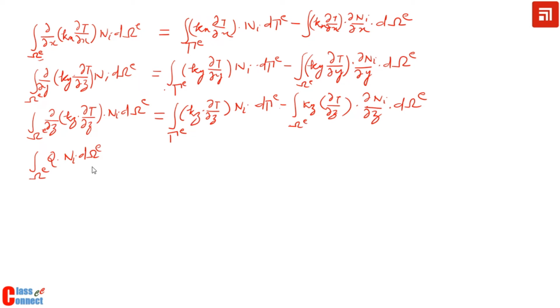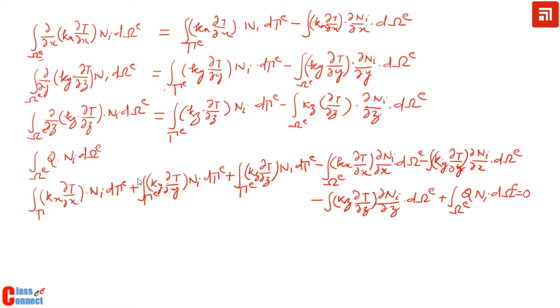For the fourth term we don't need to apply any by-parts differentiation and integration, so that is why it remains as it is. Now let us substitute all these to get this form of the equation. If I substitute here I get this equation. The boundary parts or the area components I have kept together, and the volume components I have kept together, and this is equal to 0.